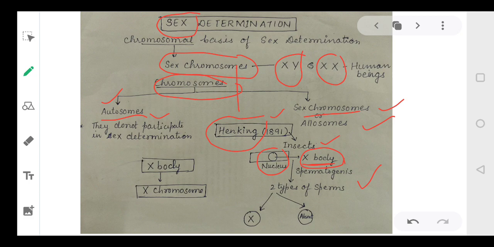Now during the process of spermatogenesis, when there is division of cells, when there is formation of sperms, one sperm has this X body, while in the other it is absent.